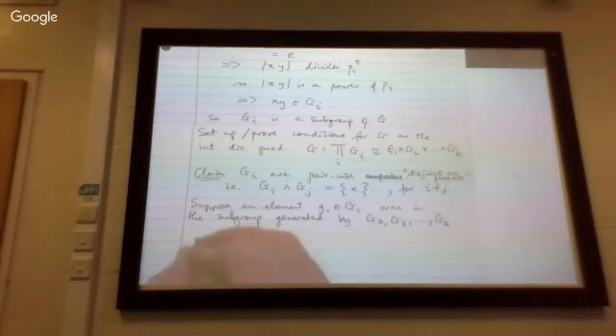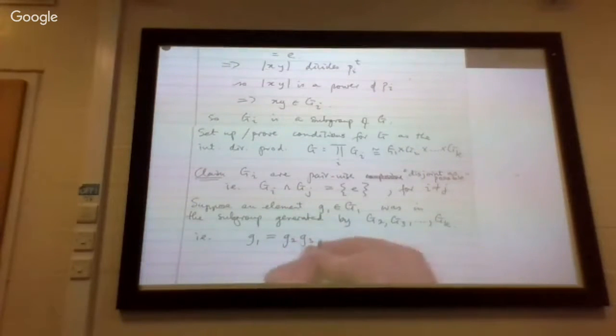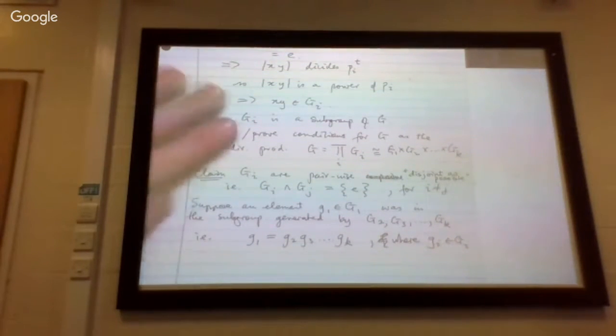That means our g1 can be written as a g2 times a g3 times all the way up to gk, where each gi is in capital Gi. Now, this really can't happen.